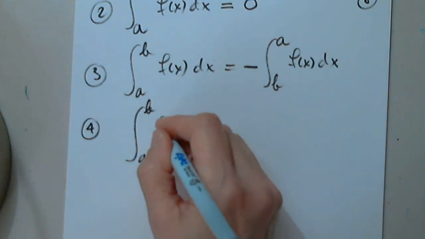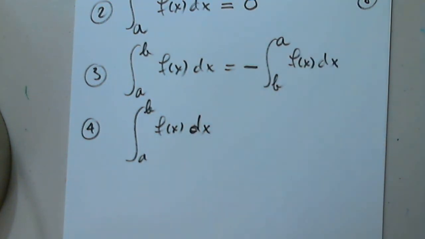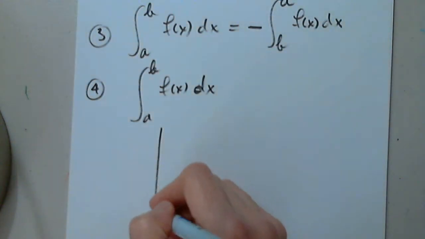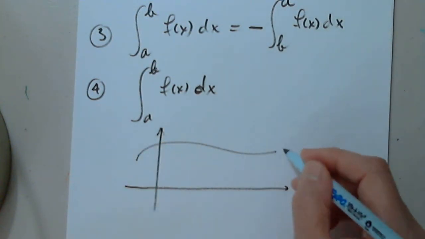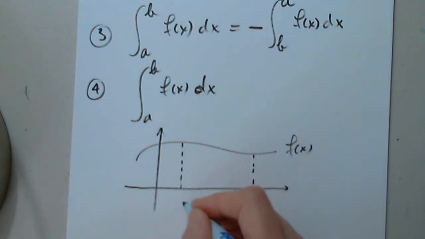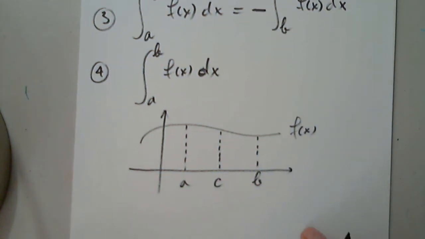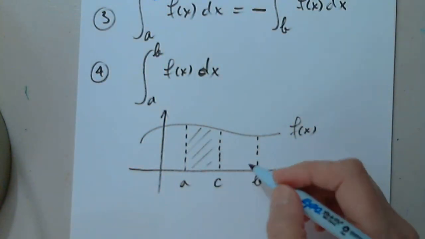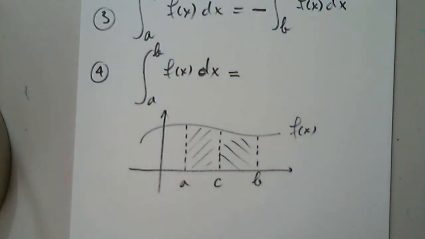The integral from a to b of f of x dx. Of course, dx. There is no integral without dx. Here's the graph for this property, and you'll tell me what I should write. Here's the function. Any suggestions?